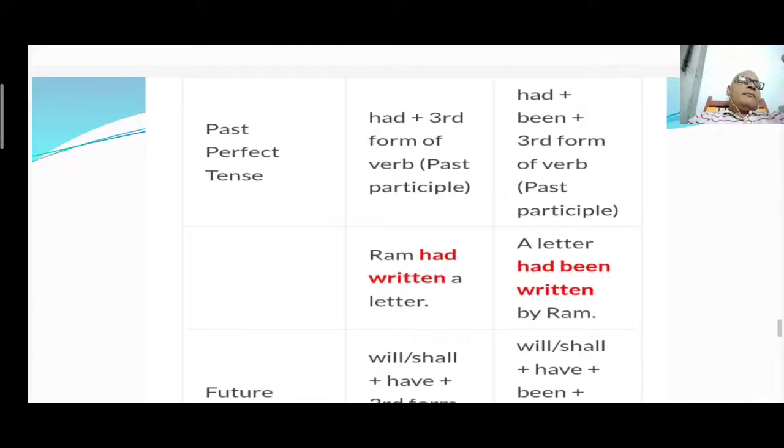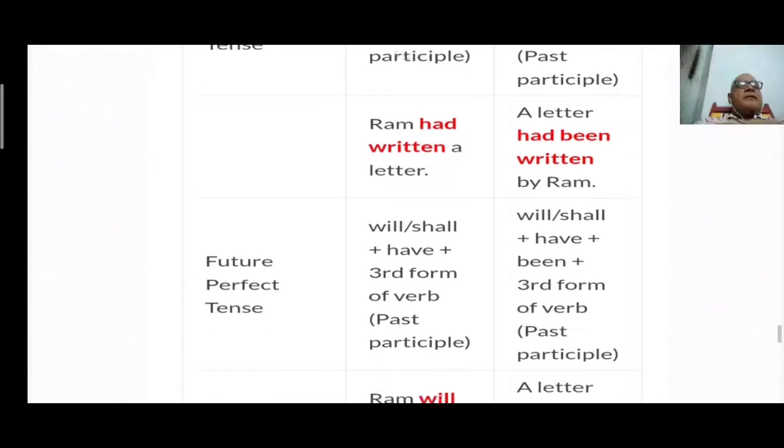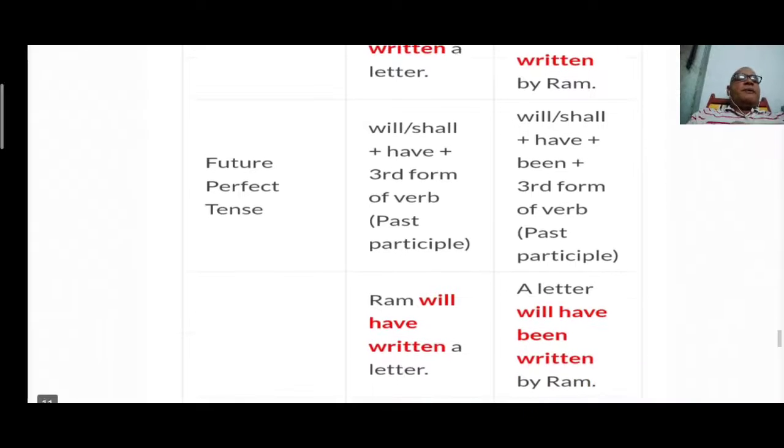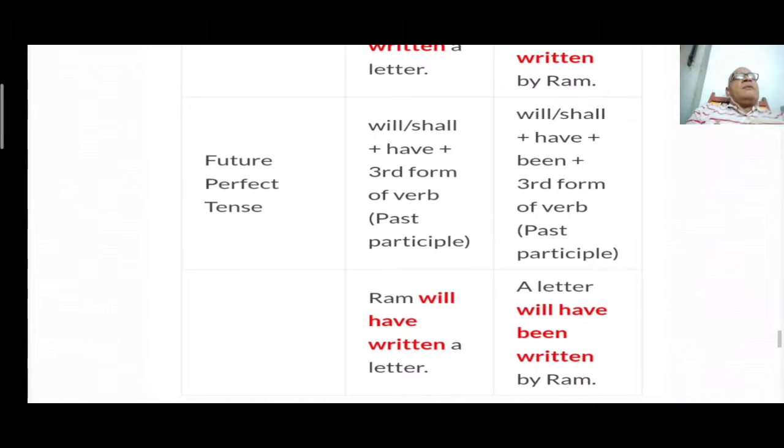Then coming to future perfect tense, it can also be changed from active voice to passive voice. The future perfect tense pattern is subject plus shall or will have, using only have whether it is singular or plural, plus verb 3 plus object.